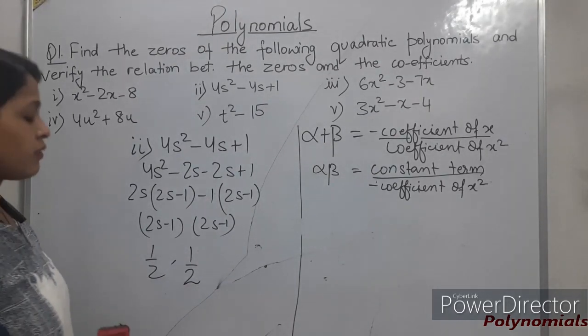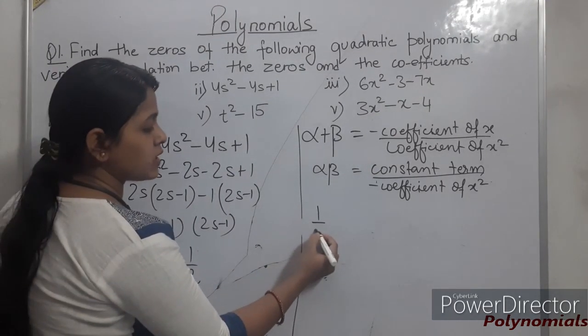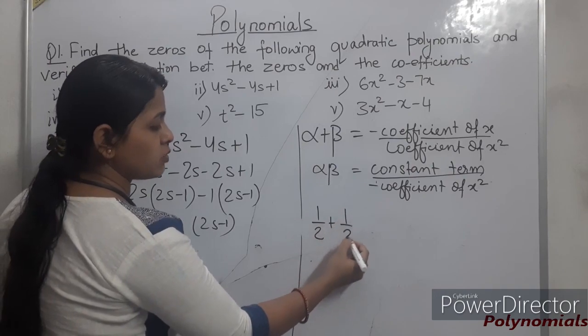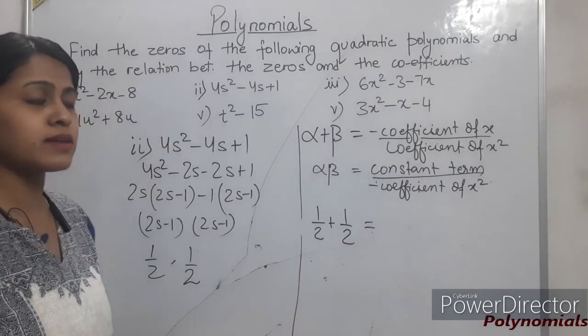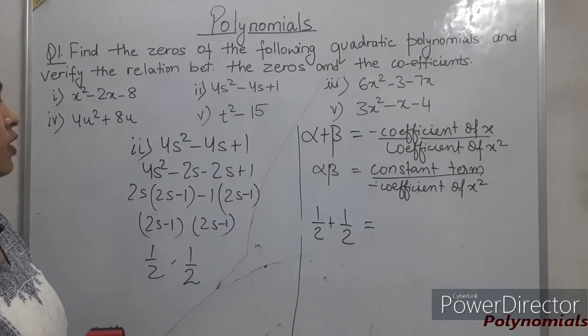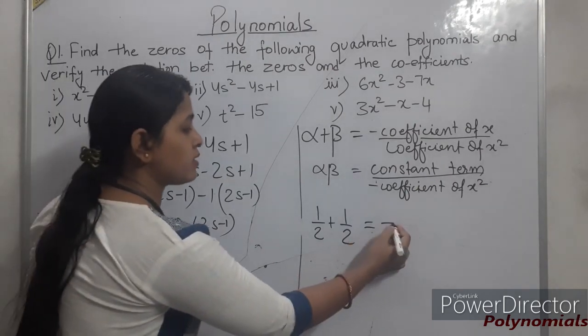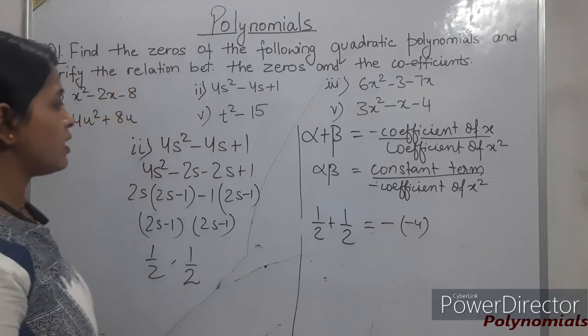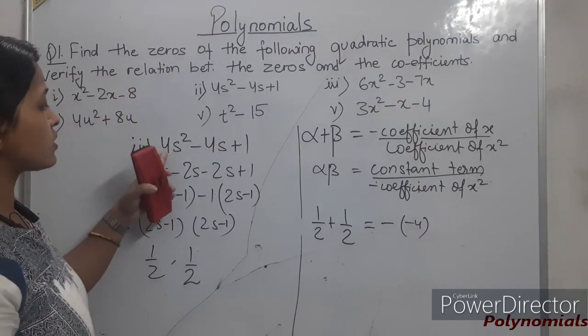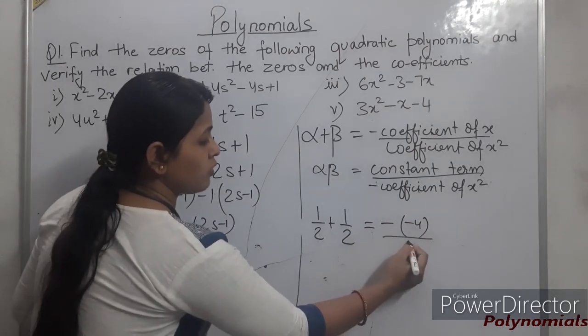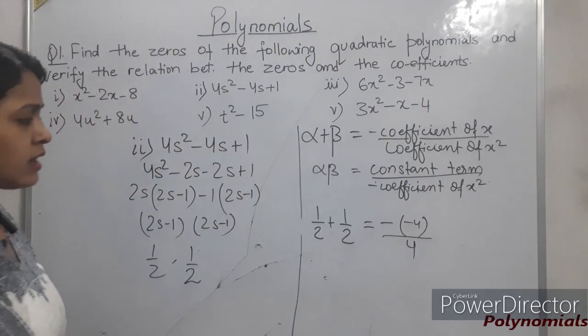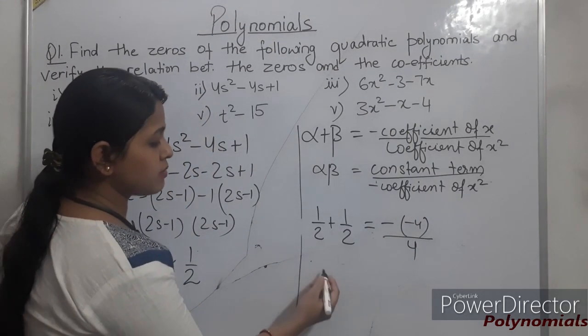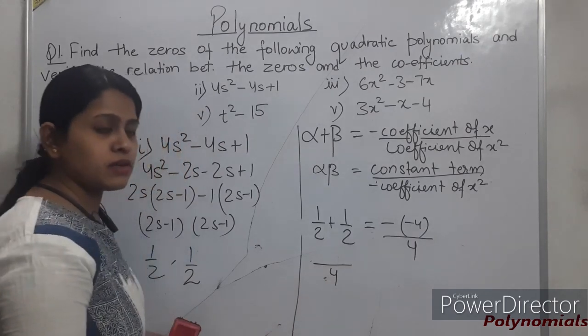So let's do the verification process. 1 by 2 plus 1 by 2 should be equal to what? किसके equal होना चाहिए? Minus coefficient of x. Again minus, and the coefficient of x is minus 4 divided by coefficient of x square, that is equal to 4. Okay. Let's see. When we take the LCM of 2 and 2, it gives us the result 4.